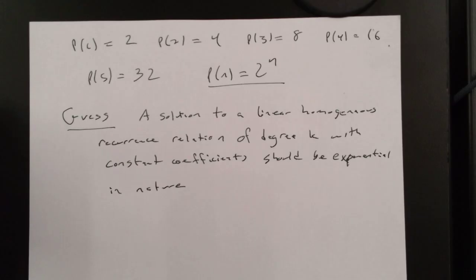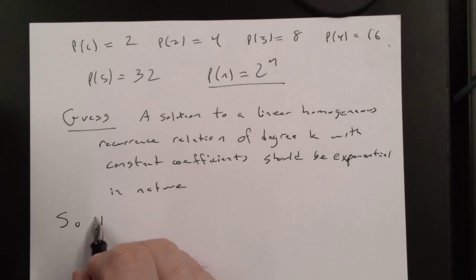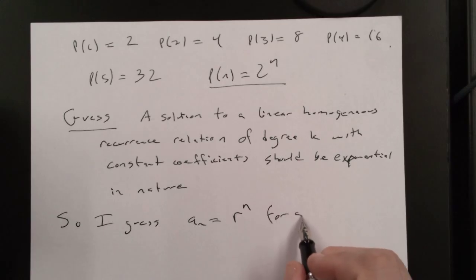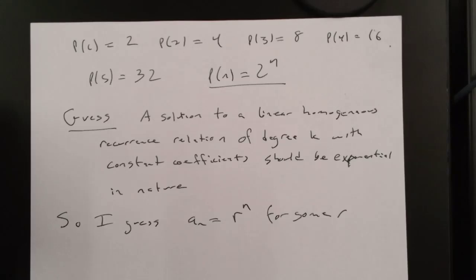I don't know what exponential thingy, but it should look like an exponential thingy. So I'm going to guess it looks like r to the n for some r. I don't know what r, but it's going to be r to the n.